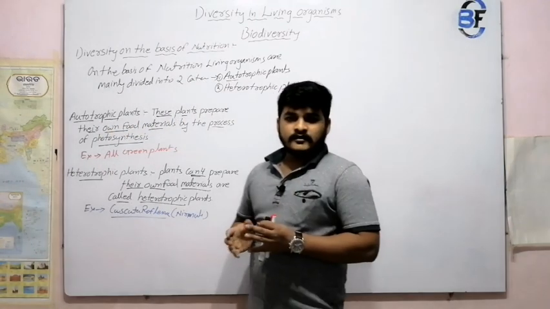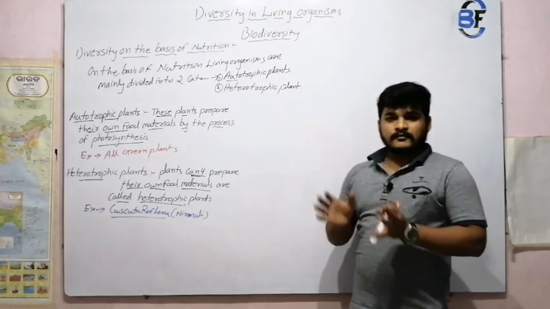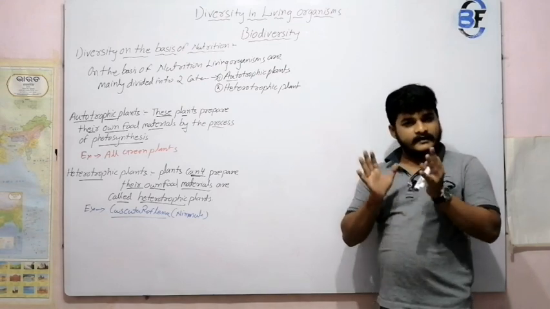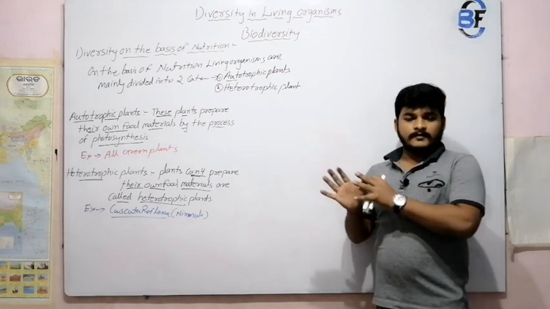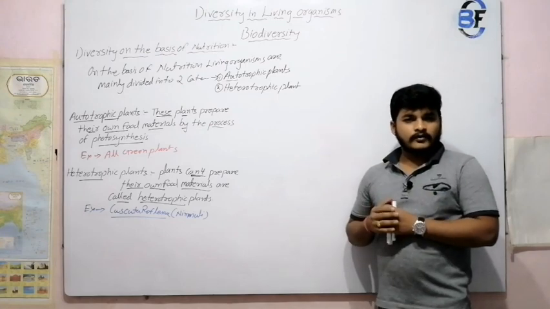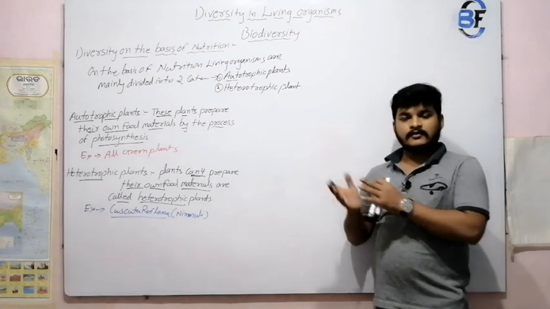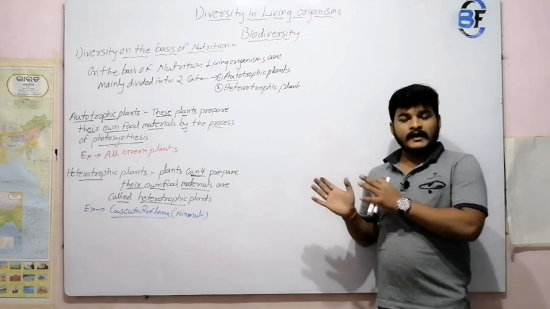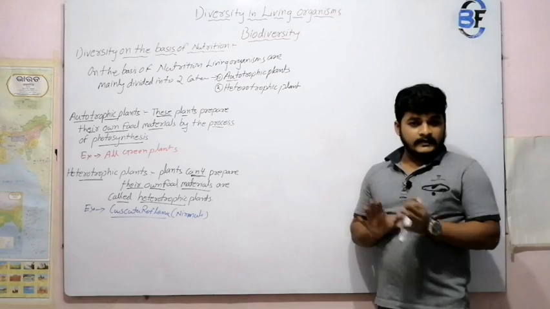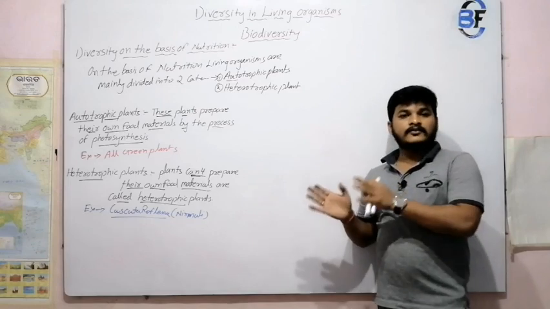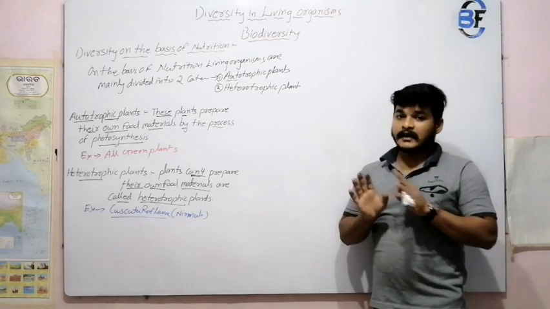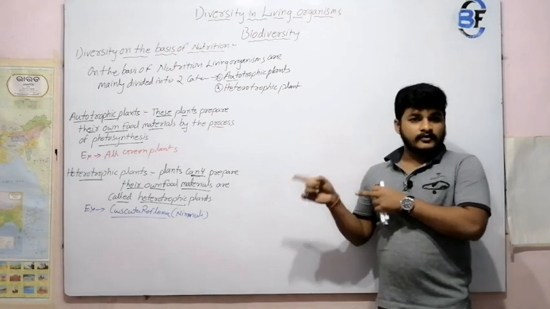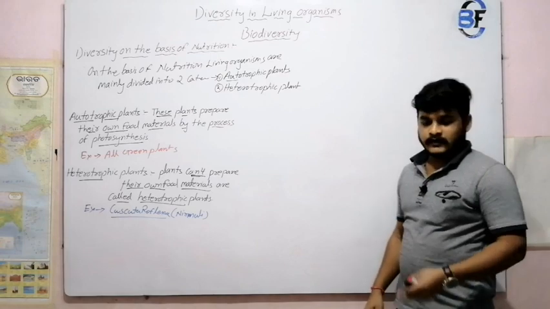On the basis of nutrition, the diversity is divided into two types: autotrophic plants and heterotrophic plants. Autotrophic means they can prepare their own food by means of photosynthesis, and all green plants are included in it. Next, heterotrophic plants cannot prepare their own food by their own means, and the best example is Nirmuli, that means Cuscuta reflexa.